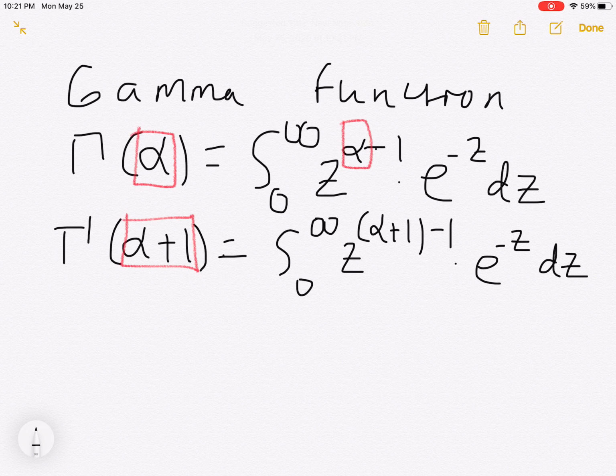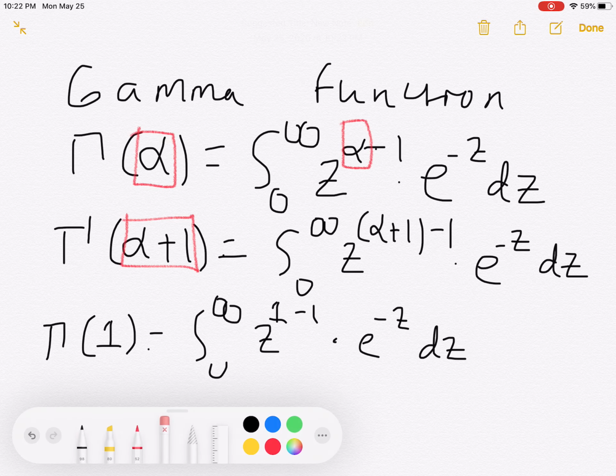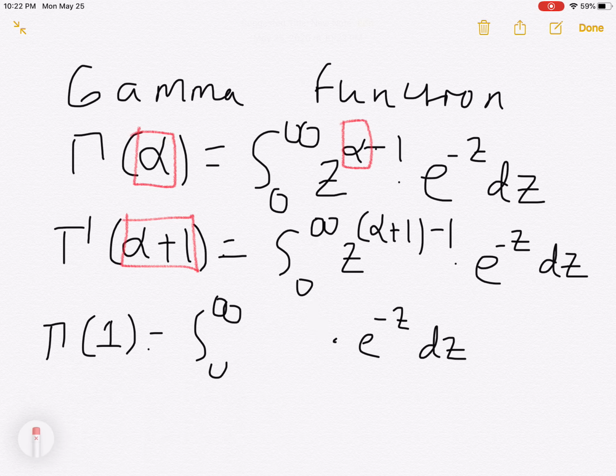Okay, and here's one more fact. Gamma of 1 is this integral from 0 to infinity of z to the 1 minus 1 times e to the minus z dz. Okay, so this just becomes a 1, so I can pretend that this doesn't exist.